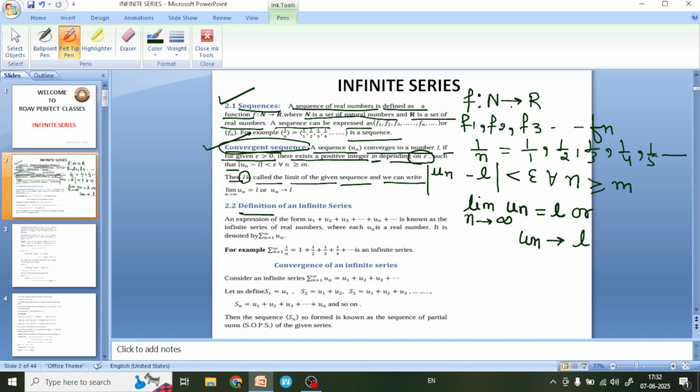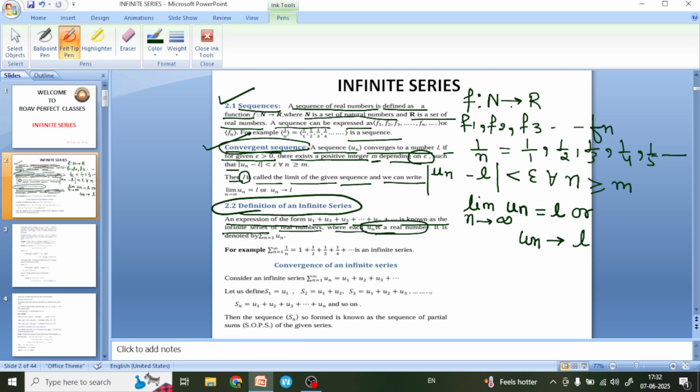Now, what is the definition of an infinite series? An expression of the form u1 plus u2 plus u3 up to un is known as an infinite series of real numbers, where each un is a real number.